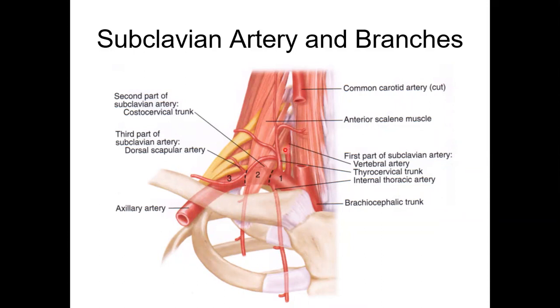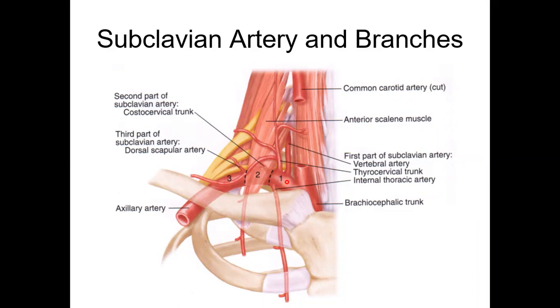The vertebral artery travels up through openings in your spinal column to go to your brain to give blood supply to your brain. It's one of the two contributors to what's called your circle of Willis, which you'll learn more about later when you get to more head stuff. But for now, here's your vertebral artery, a branch off of your subclavian artery.